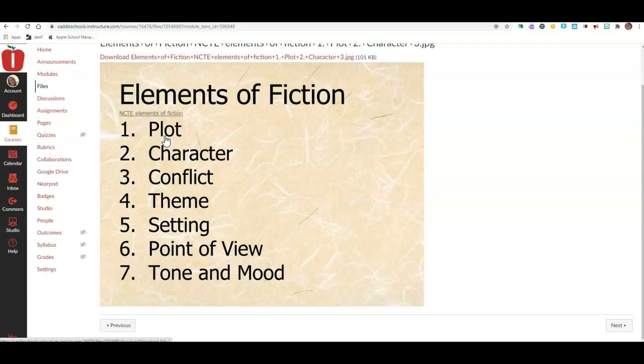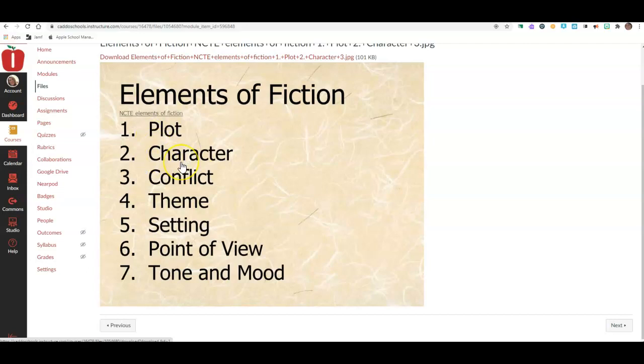You've looked at plot structure for a long time, so I just wanted to make sure and go over what the plot structure is. Exposition, remember that's where we meet our main characters, basically the main setting and some of the main initial conflicts.